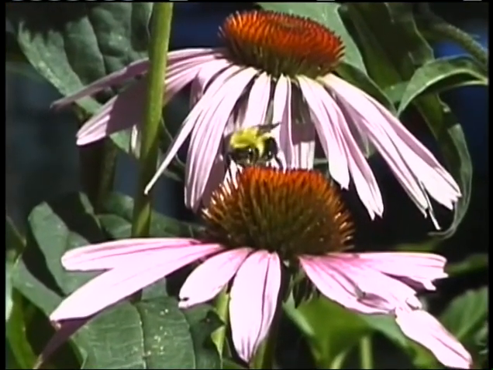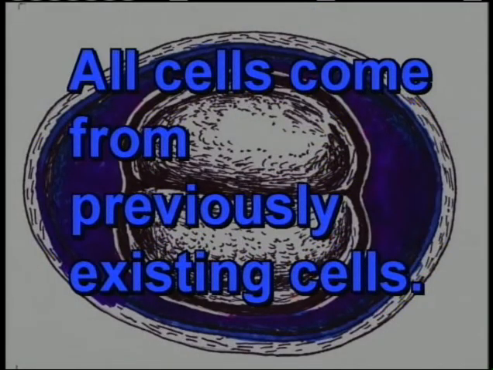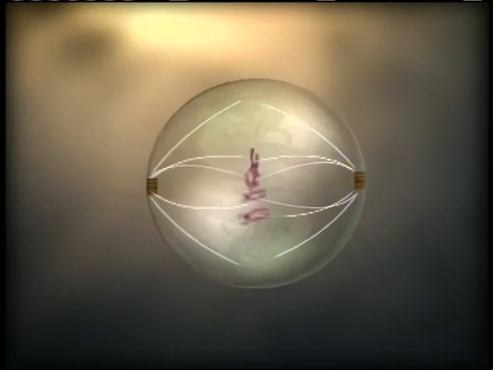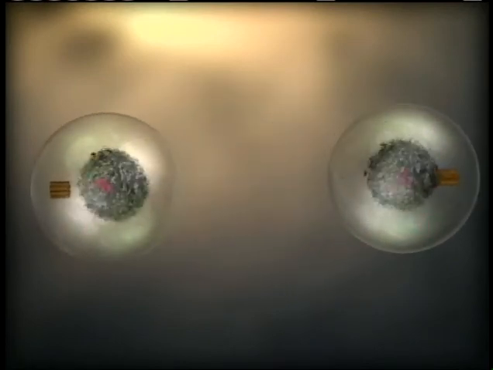This means that there's no life without cells. Third, the cell theory states that all cells come from previously existing cells. As previously stated, new cells do not just magically appear, but come from other cells when they divide. These three main concepts make up the cell theory.